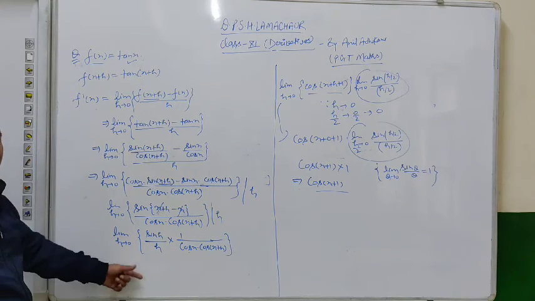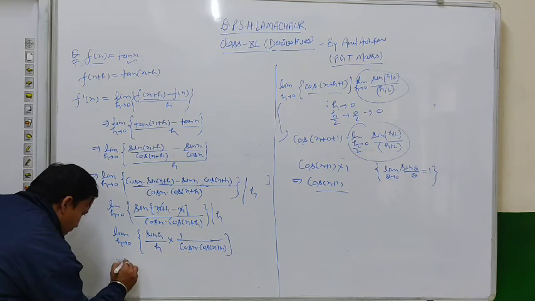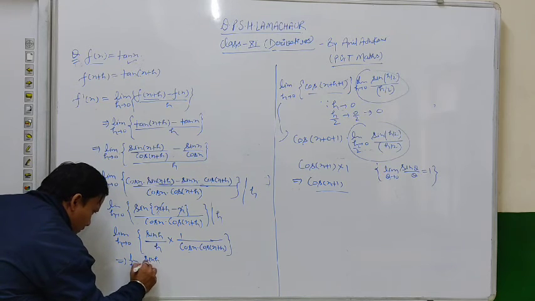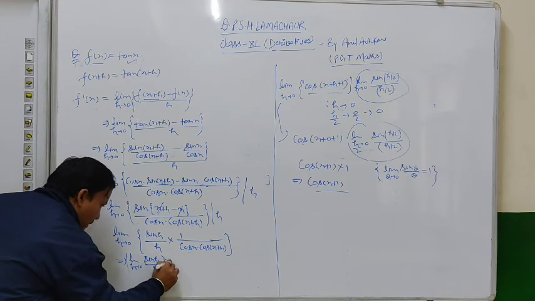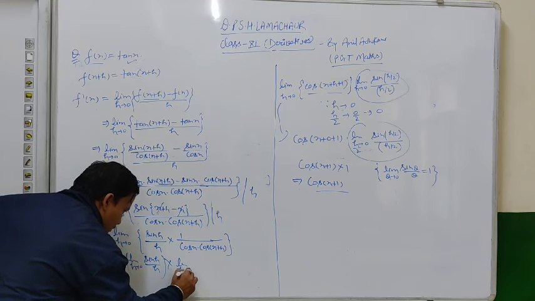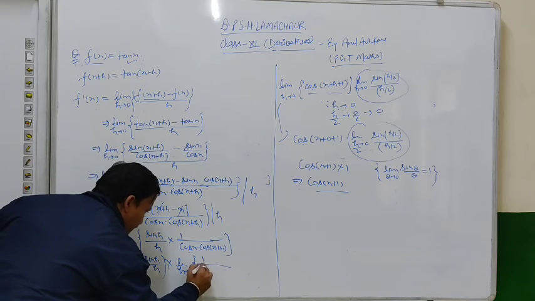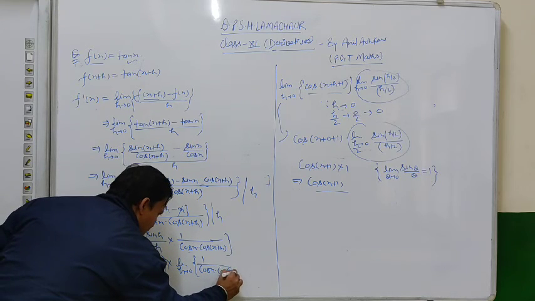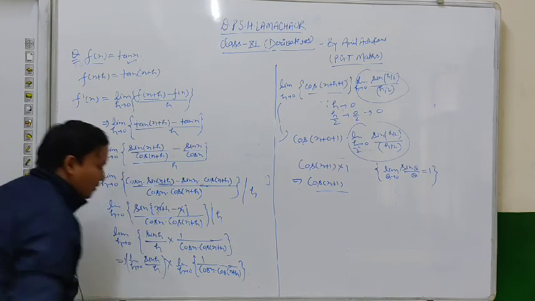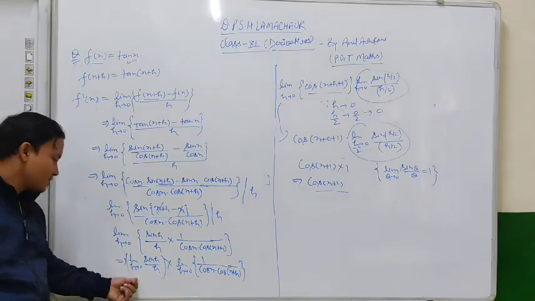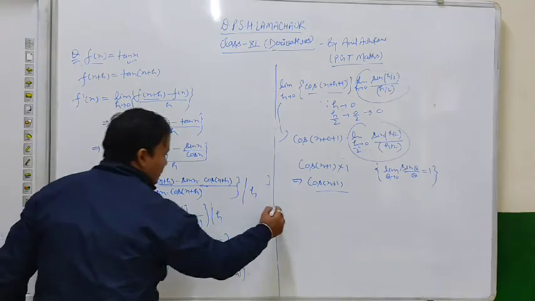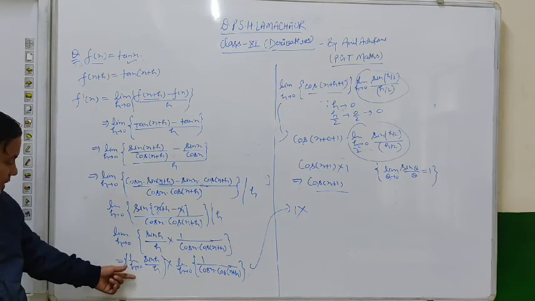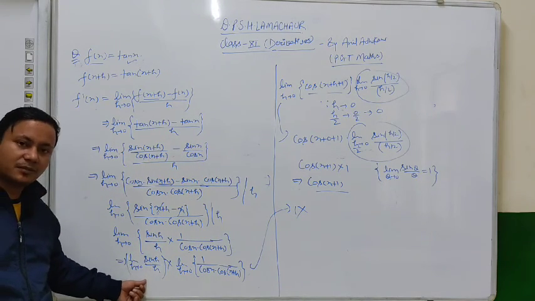Now applying the limit, what we get here? Limit h tends to 0, sin h upon h, multiply limit h tends to 0, 1 upon cos x into cos(x plus h). So now on applying the limit here, limit h tends to 0, sin h upon h, the value of this is 1. By formula we know that limit theta tends to 0, sin theta upon theta is 1.